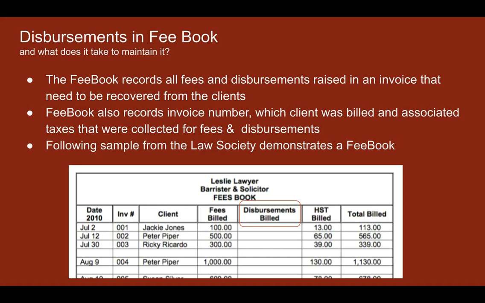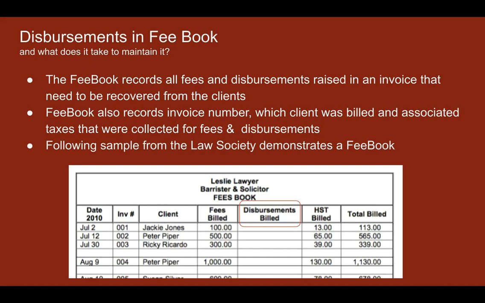So the fee book records all fees and disbursements raised in an invoice that need to be recovered from the clients. Of course, eventually they are either transferred from the money that is paid into the trust, and a trust transfer is done. Once you raise an invoice, the general account shows an AR balance, which either needs to be satisfied with a debit from the trust account, with a transfer from trust to general if there is a retainer balance sitting in your trust, or the invoice is sent to the client and the amount is paid directly into the general account.